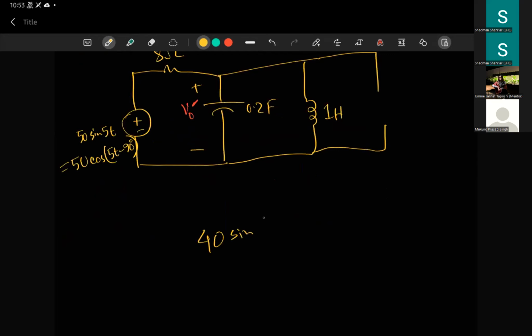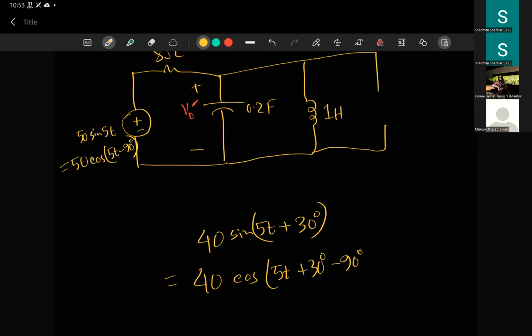Then what should be the cos value? Cos 5t, what should I write here? Minus 60. Minus 60, yeah. This is because you have plus 30 degree, minus 90 degree, which is basically minus 60 degree. So if you have an angle, you have to consider that as well.